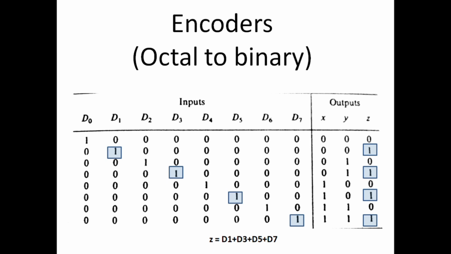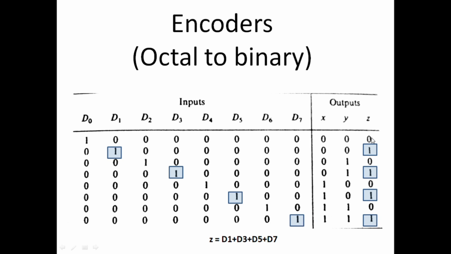And similarly for z, every other output is 1. So every other input variable is ORed. So d1, because in this row z is 1, and then d3, because in this row z is 1, plus d5 because in this row z is 1, plus d7 because in this row z is 1.